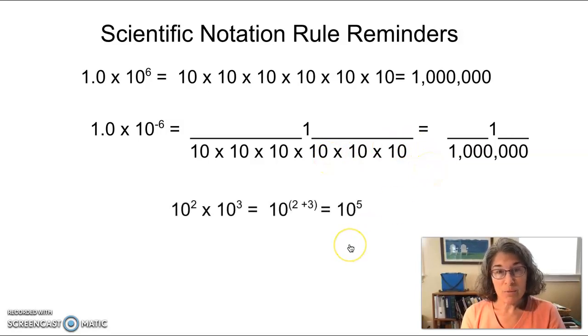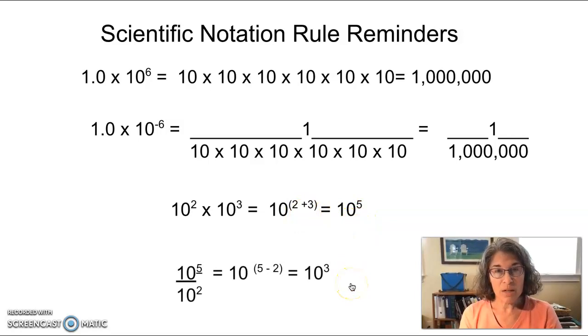The other things that you want to keep in mind for scientific notation, and this is where it can offer you some shortcuts, is if you're multiplying two values that are both multiplied by 10 to an exponent, in this case 10 to the 2nd times 10 to the 3rd, you can consolidate that expression. So if you are multiplying, you're going to add your exponents together. So 10 to the 2nd times 10 to the 3rd becomes 10 to the 2 plus 3, or 10 to the 5th.